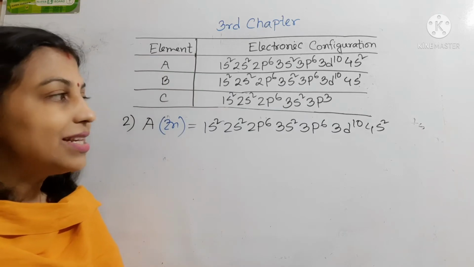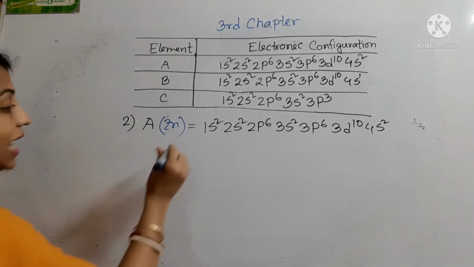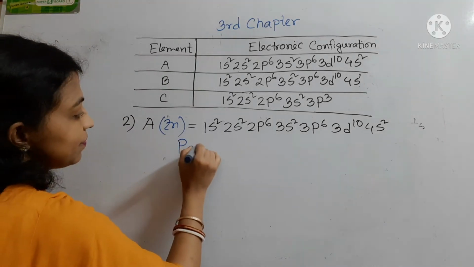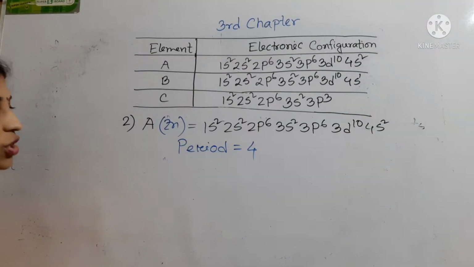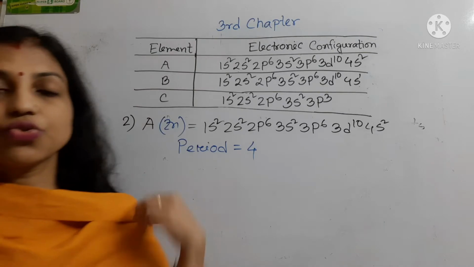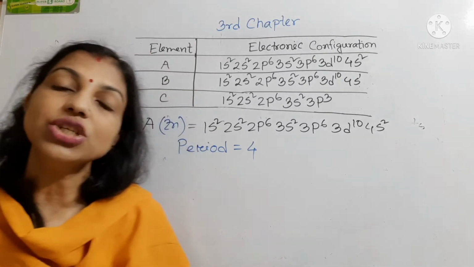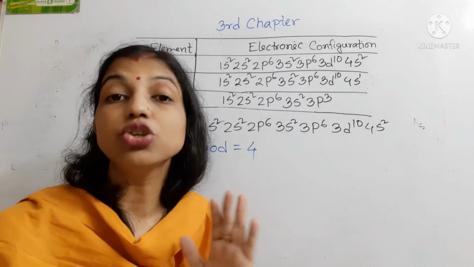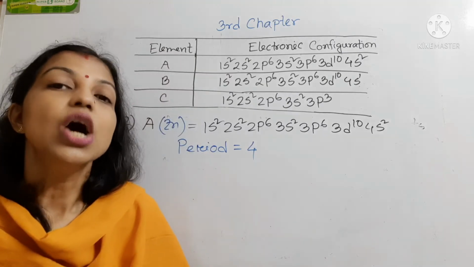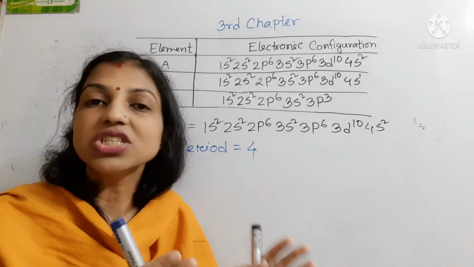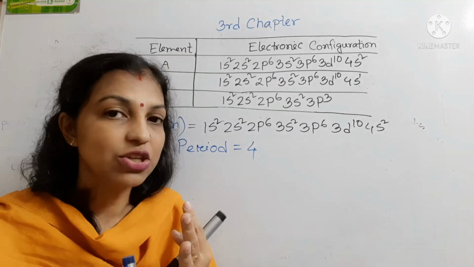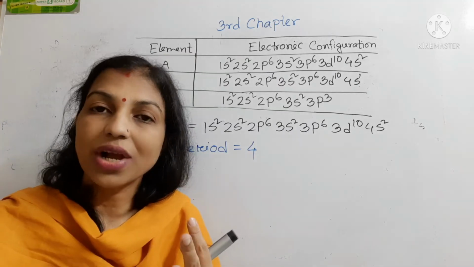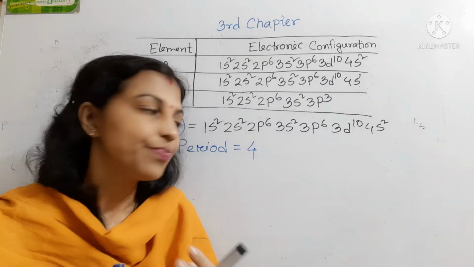Now, to determine the group. Here I have written that the period of zinc is 4. You know students, when the last electron enters the d orbital, then to determine the group number, the rule is we must add the total number of electrons present in the d orbital and s orbital. That means (n-1)d and ns.